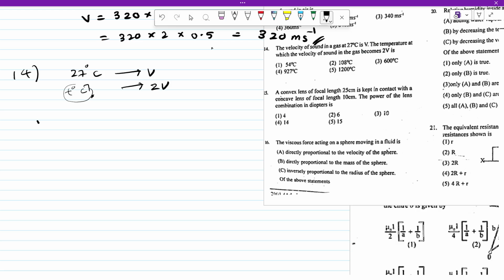So V equals square root of gamma RT divided by M. We will define these terms respectively.